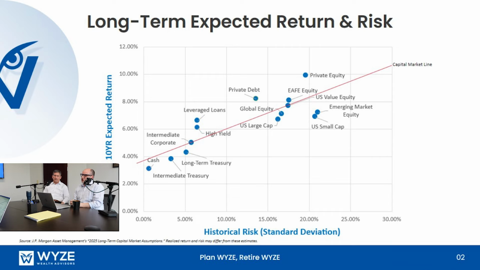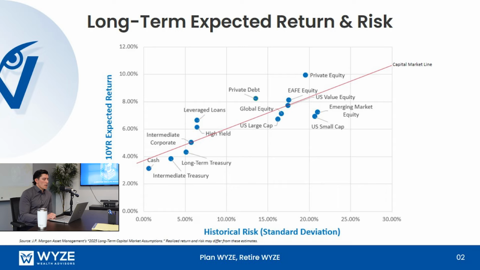And what you see here is a chart, and on the y-axis, the vertical axis, is the 10-year expected return, and on the x-axis, the horizontal axis, is the risk, for which the specific measure is standard deviation. That's a statistical measure of the up and downness of the return stream. So if returns are really volatile, with a really high standard deviation, that means it's a riskier asset. Got it.